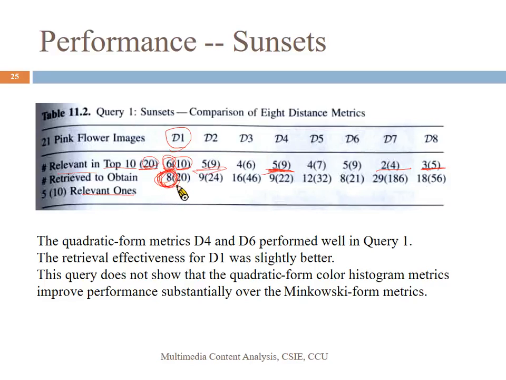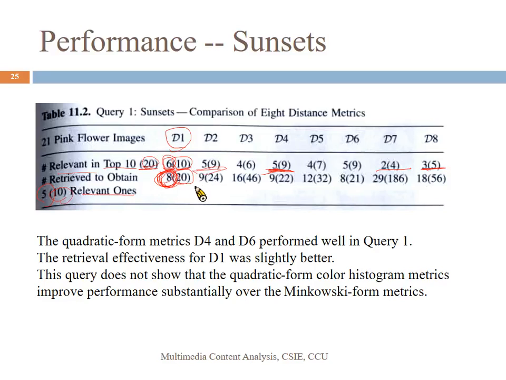So the value here is the smaller the better. When we return up to 8 images, we get 5 relevant, and when we return 20 images, we get 10 relevant. So here the smaller the better.